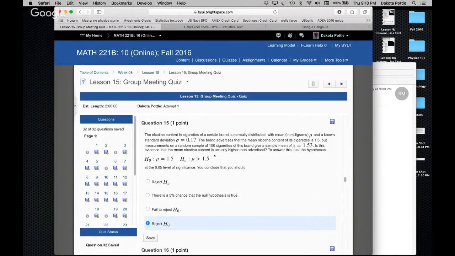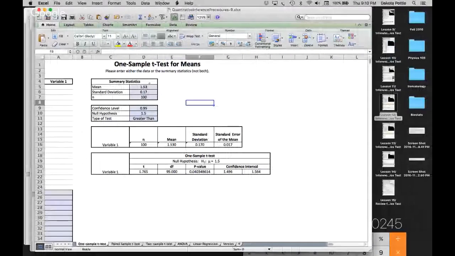So basically, all we have to do with that information, at least on the Excel sheet, is put in that it is a greater than test, because you can either do greater than, less than, or not equal to tests. In this case, we're putting in greater than, because that's what we're testing for. Then we put in all our values, and it'll give us a p-value.